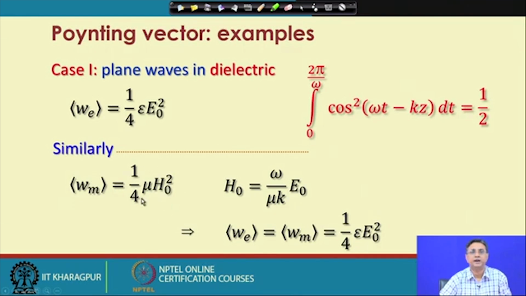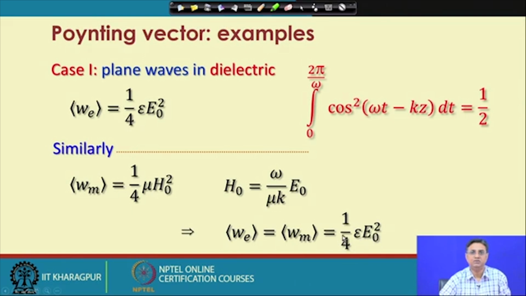This we could arrive at using the relation H naught equal to k by omega mu into E naught. If you substitute this, we can see that the energy density associated with the electric field and that associated with the magnetic field, the average value over a complete cycle, will be the same, that is 1 upon 4 epsilon E naught square.